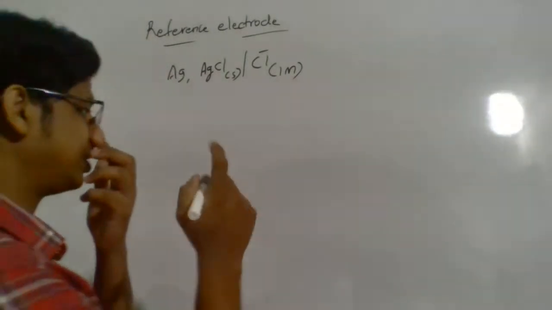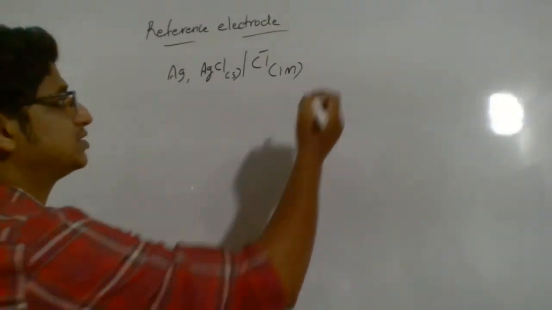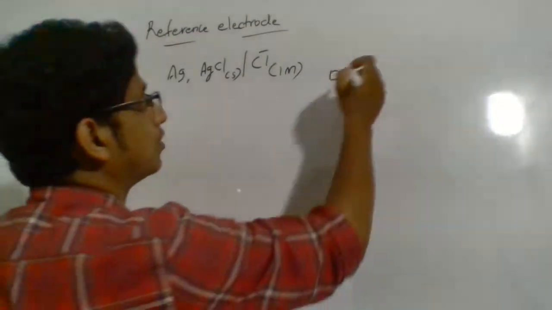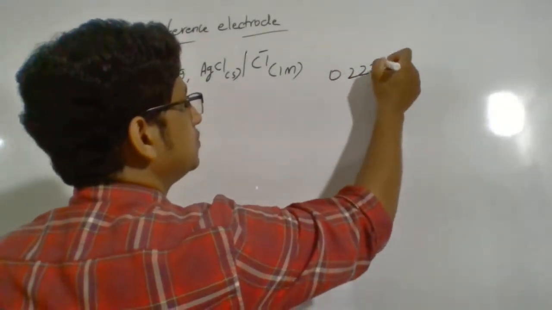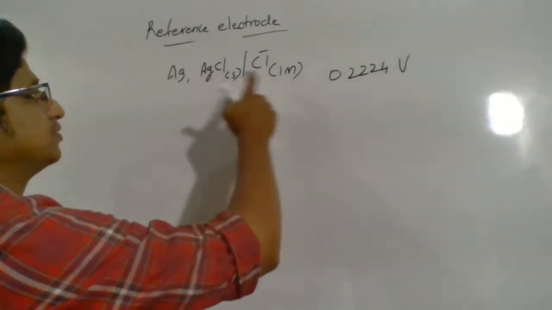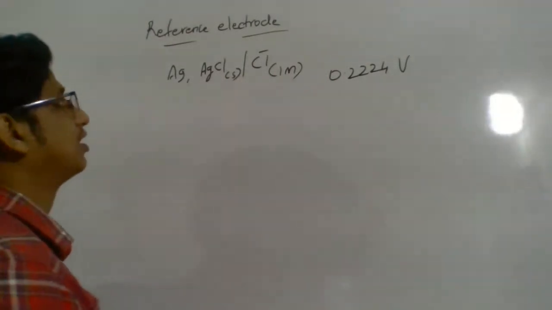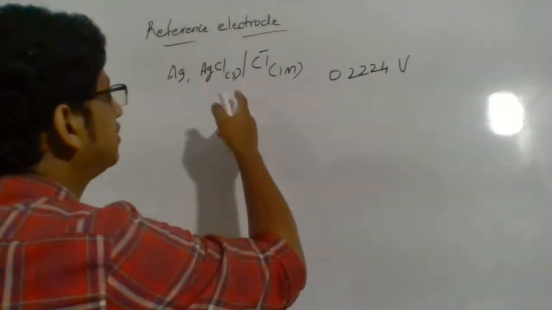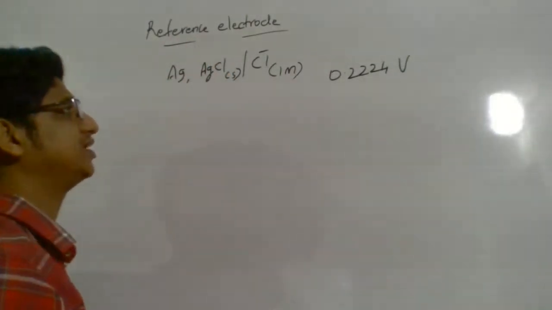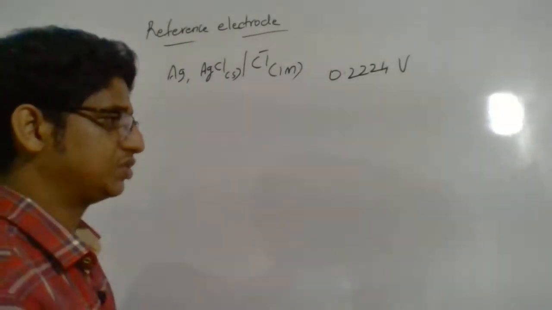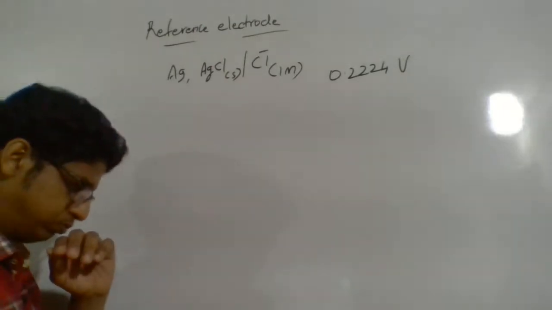This reference electrode can produce a constant electrode potential: 0.224 volt. It consists of silver in contact with the insoluble silver chloride salt, which is in contact with an aqueous solution containing chloride ion.